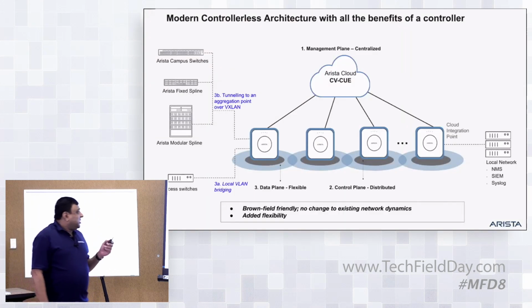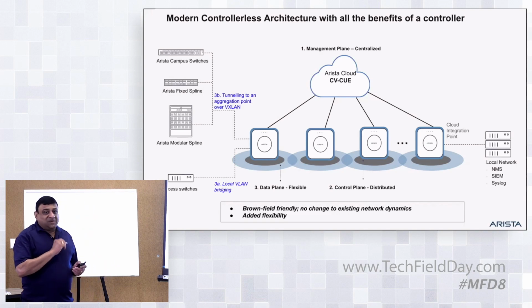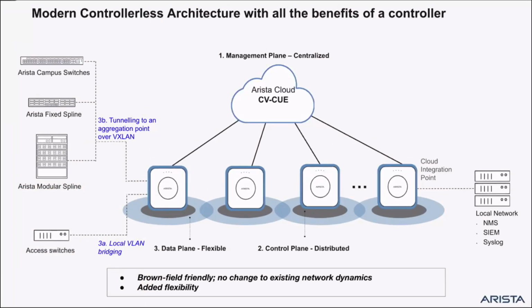In the last MFD, or maybe one before, we briefly touched on this architecture. Just to quickly refresh, the main Arista Wi-Fi architecture has three components. There's management, whether it's on-prem or cloud. Most of the customers are cloud-based customers; there are a few on-prem. There is a data plane.